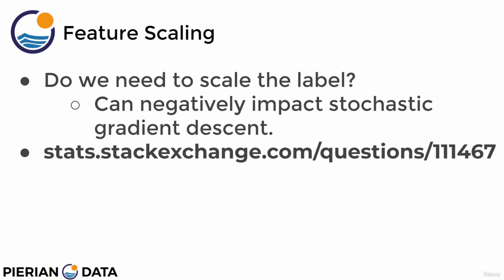There's a really good post on stats.stackexchange.com, which is essentially Stack Overflow for things like data science, machine learning, and statistical learning. I posted the link here that you can follow, which has a really nice detailed explanation of why you don't need to scale the label in regards to gradient descent. So again, we only need to scale the features.